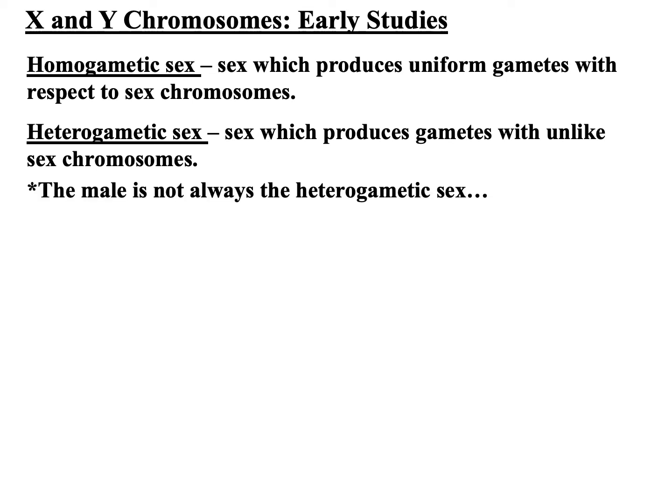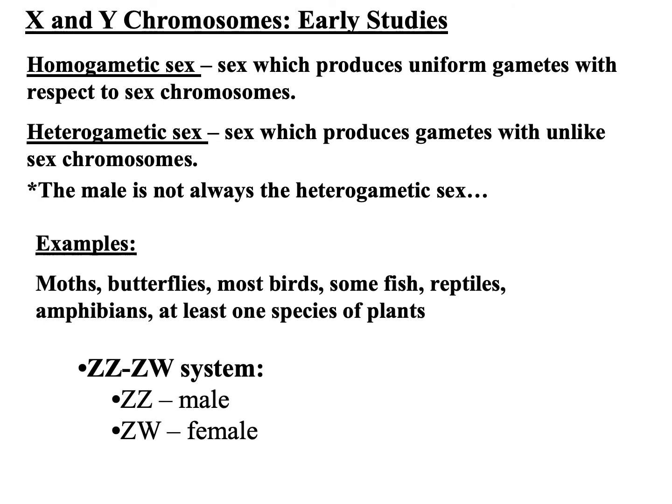However, it turns out that the male is not always the heterogametic sex. There are plenty of other examples in the animal kingdom, such as moths, butterflies, most birds, some fish, reptiles, amphibians, where the females are the heterogametic sex.